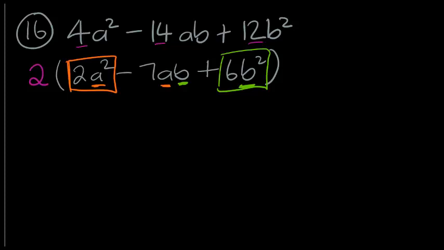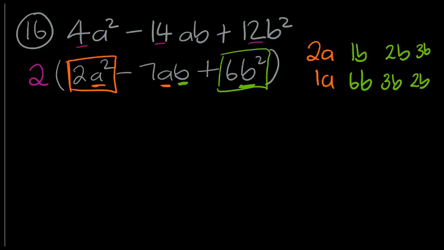Let's factorize. The factors of 2a squared is going to be 2a multiplied by 1a. The factors of 6b squared is going to be 1b times 6b. It's going to be 2b times 3b. It's going to be 3b times 2b.